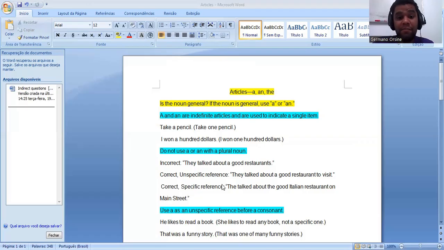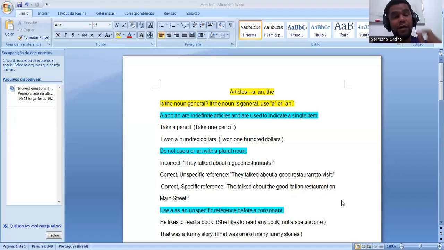But if we want to make a specific reference, we can say, for example, they talked about the good Italian restaurant on Main Street. Oh, so here we have some information about the restaurant. So that's why the definite article the is being used in this sentence. So here we have some specific information about the restaurant.